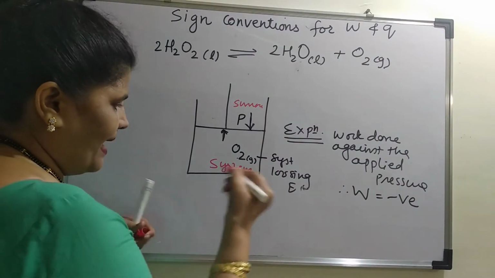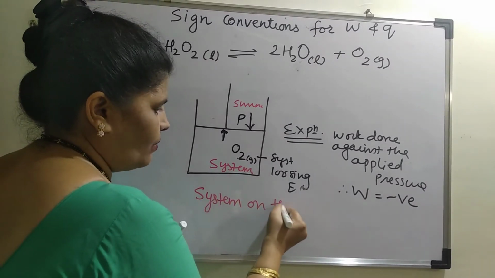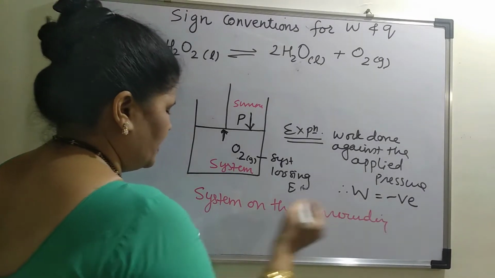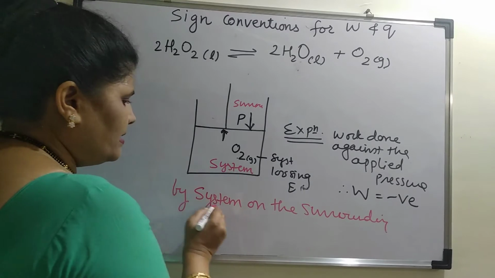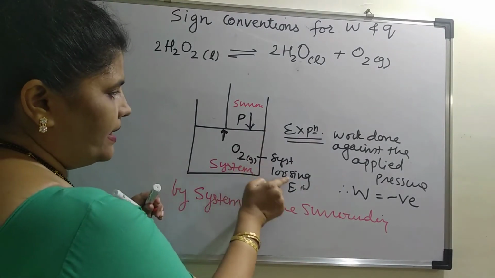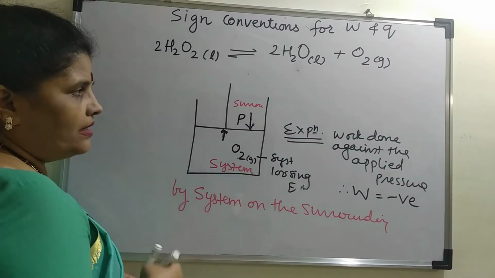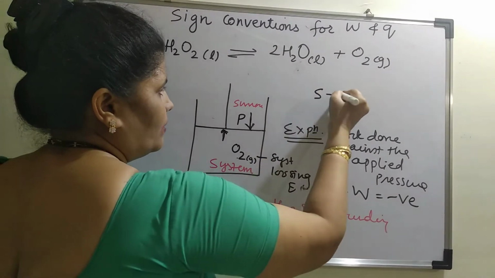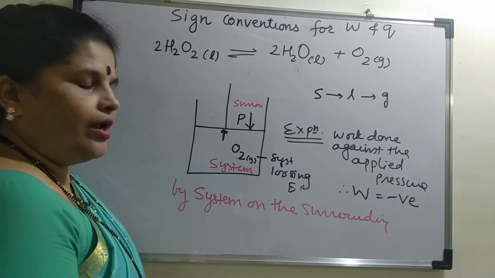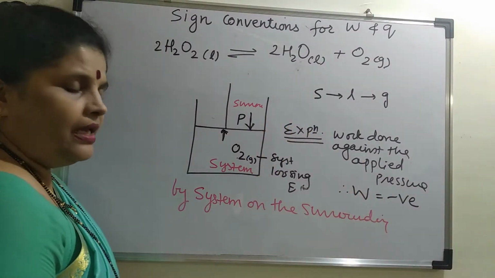So, during expansion, the system is doing the work on the surrounding. So, the work is done by the system on the surrounding. In pushing the piston, it is releasing or losing its energy. So, always remember, when the physical state changes from solid to liquid to gas, the process is always an expansion process, and in that case, W will be negative.